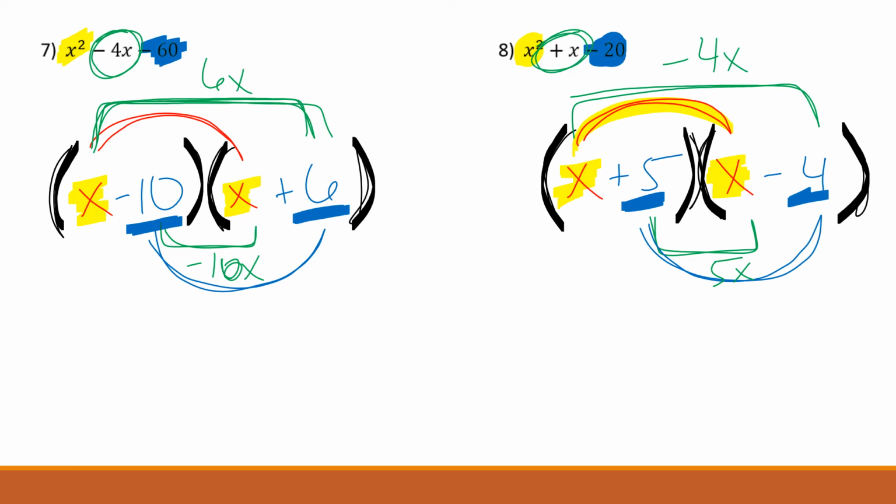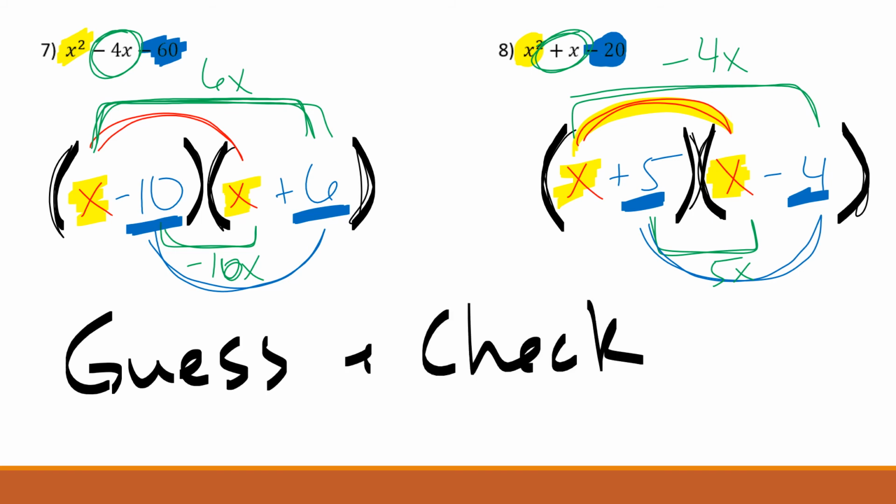So again, this method, I'm not sure I've said this enough during this video, is called guess and check. The guessing, we're really narrowing down our guessing. It's not like we're just randomly guessing numbers.